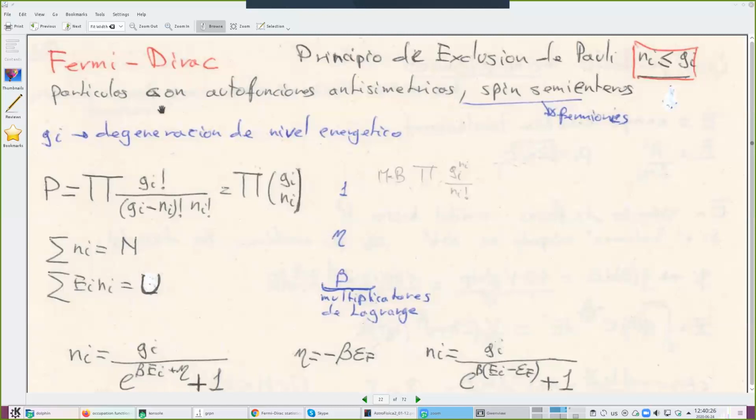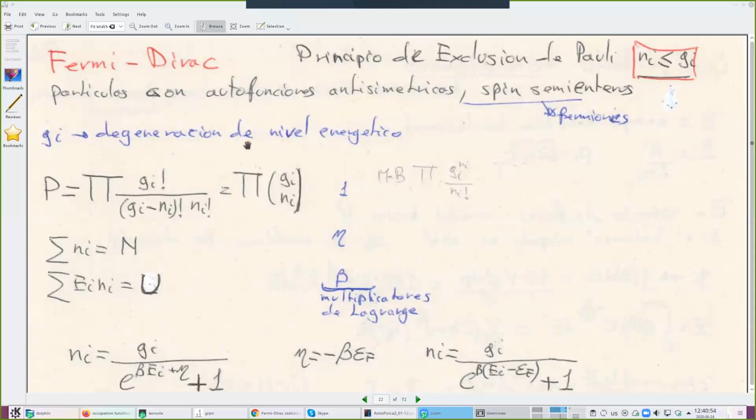The particles of Fermi-Dirac are called fermions. Obviously, g_i is the degeneracy of the energetic level. Not exactly the state, but it's just how many particles you can have with the same energy.